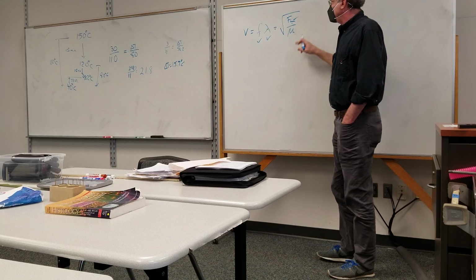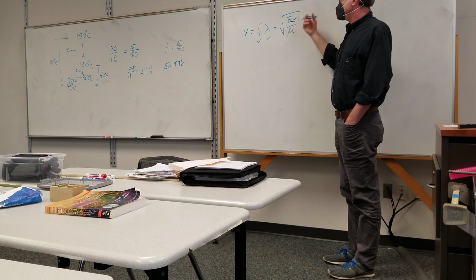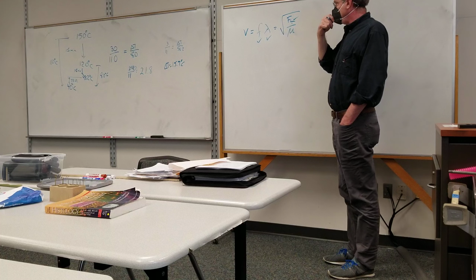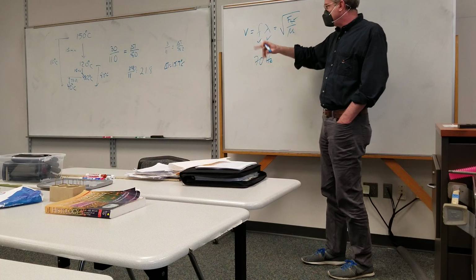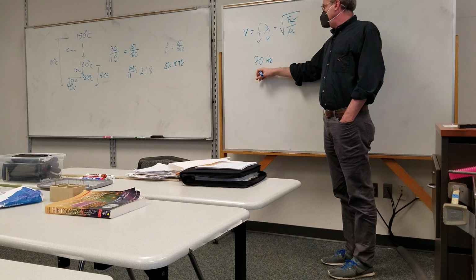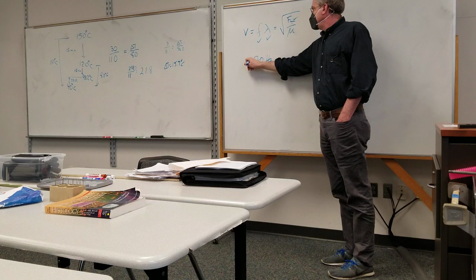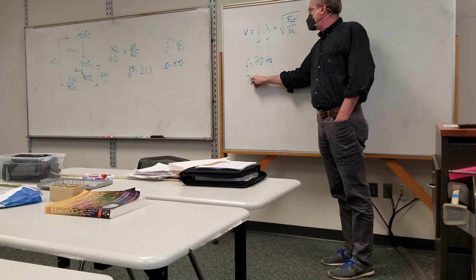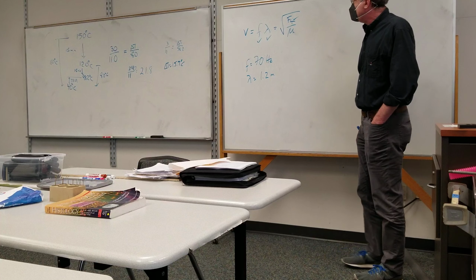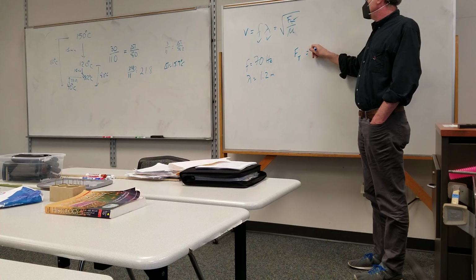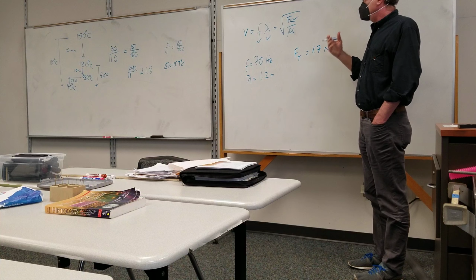So we just make up numbers. Say it's a 70 hertz string vibrator with a wavelength of 1.2 meters, and the tension is 1.7 newtons.